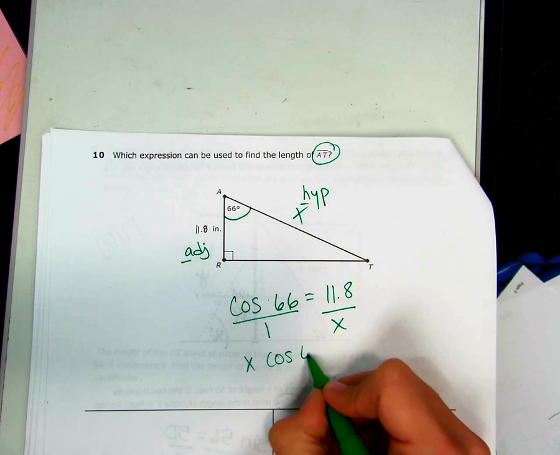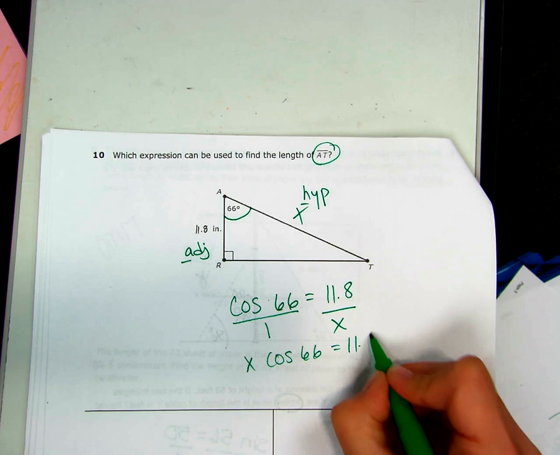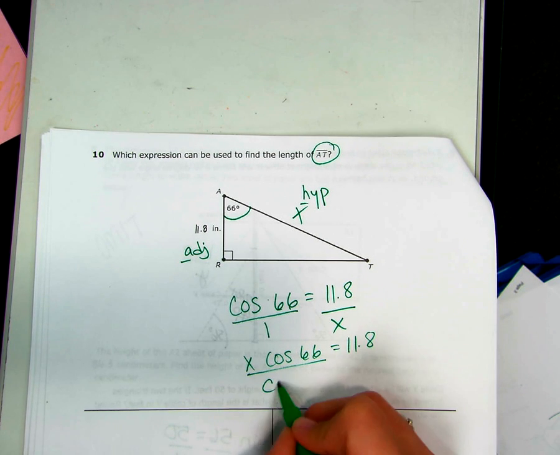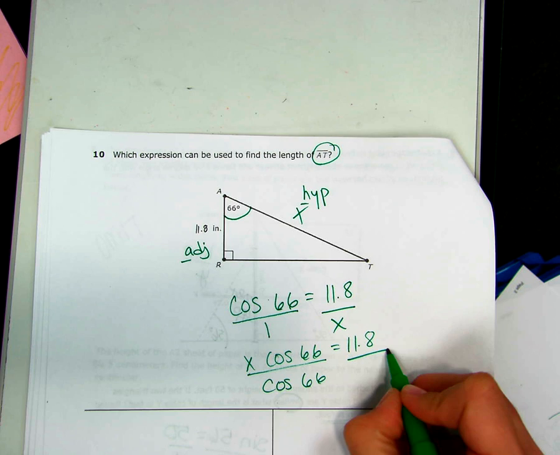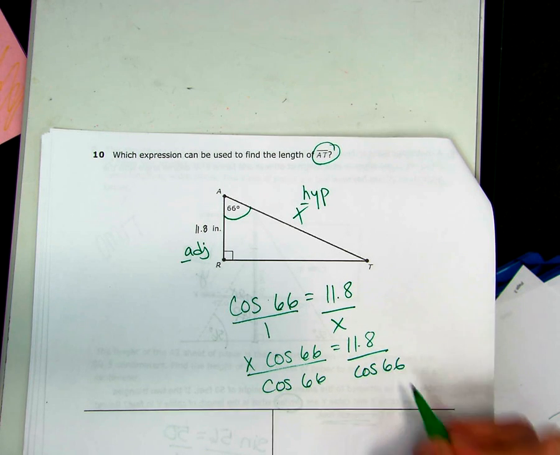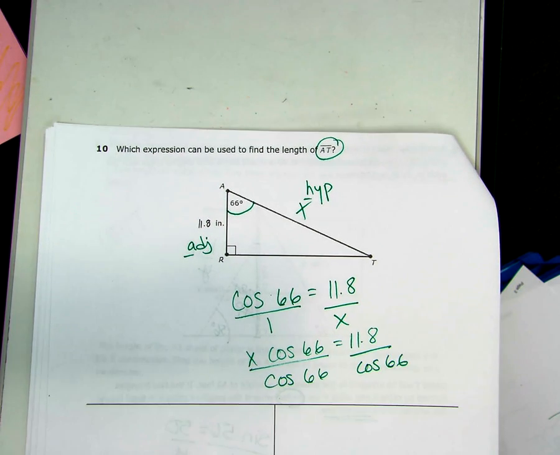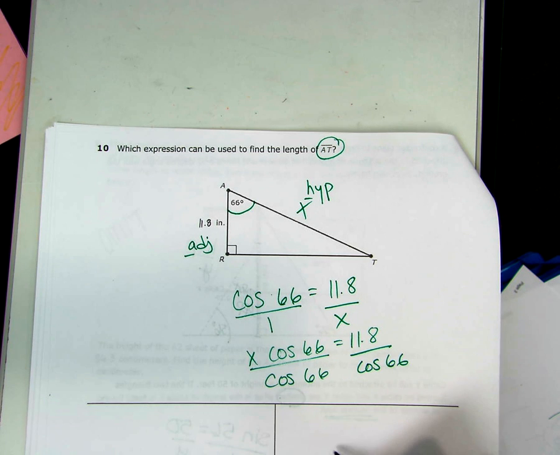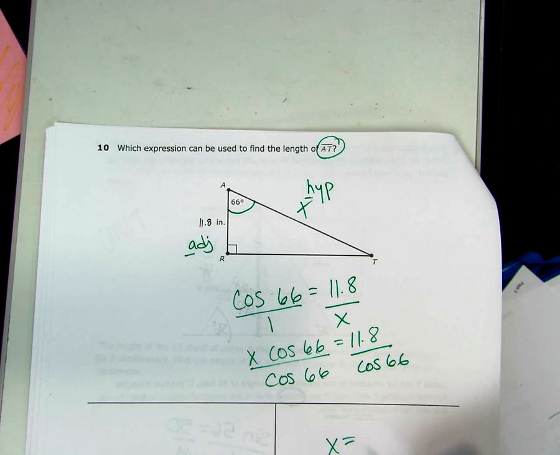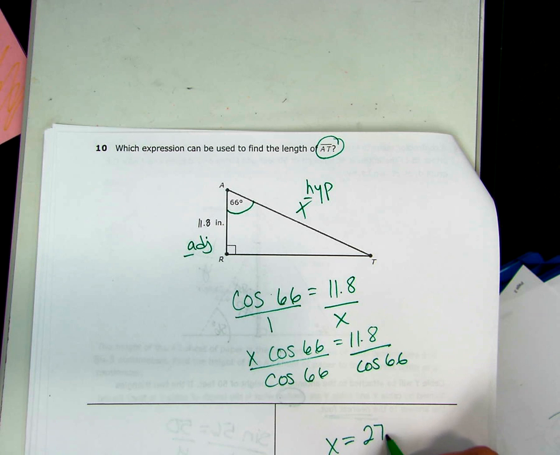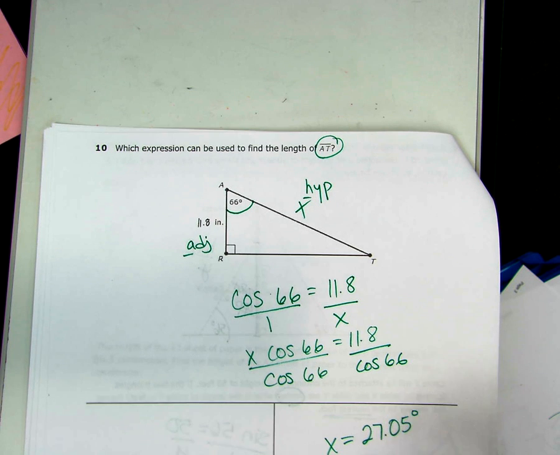X cosine 66 equals 11.8. And then divide by cosine 66. So that's what's going in your calculator. Get that all typed in correctly, and you will get that x is 27.05 degrees.